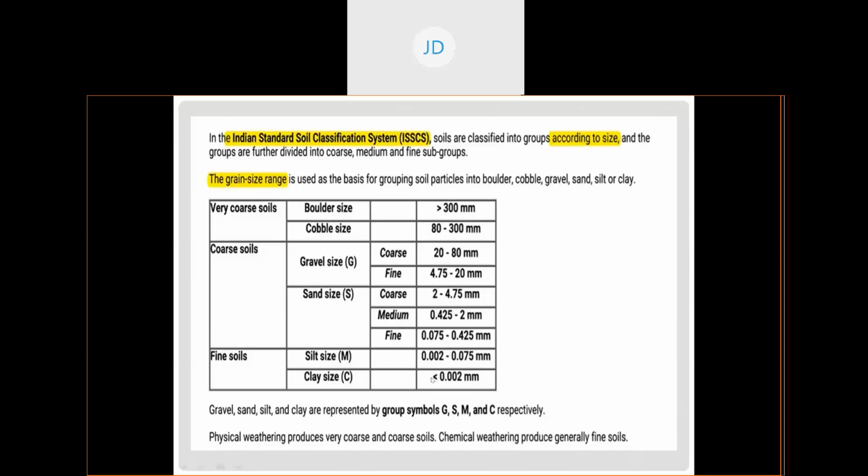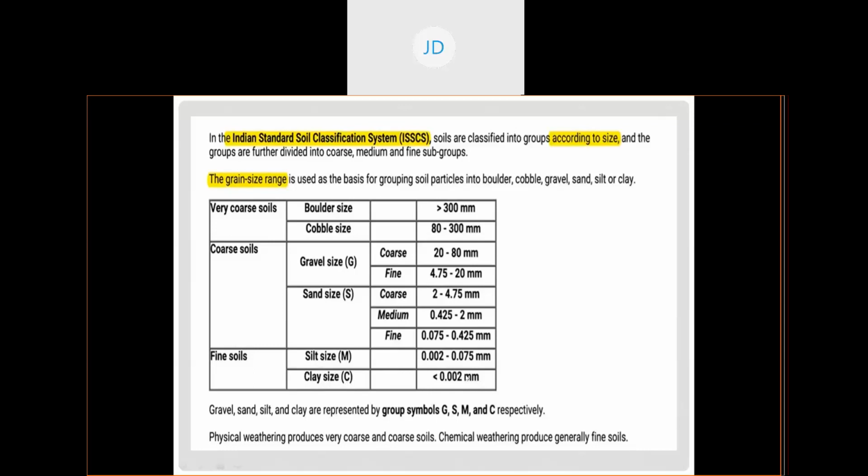If the soil particles have sizes less than 0.002 millimeter, that soil is classified as clay soil, or clay size, denoted by C. Try to remember this: clay soil particles have sizes less than 0.002 millimeter.